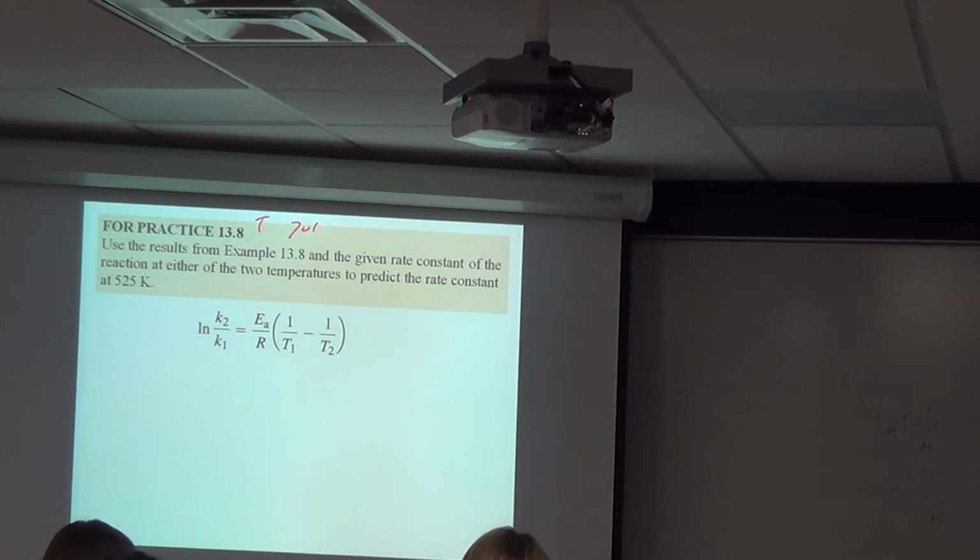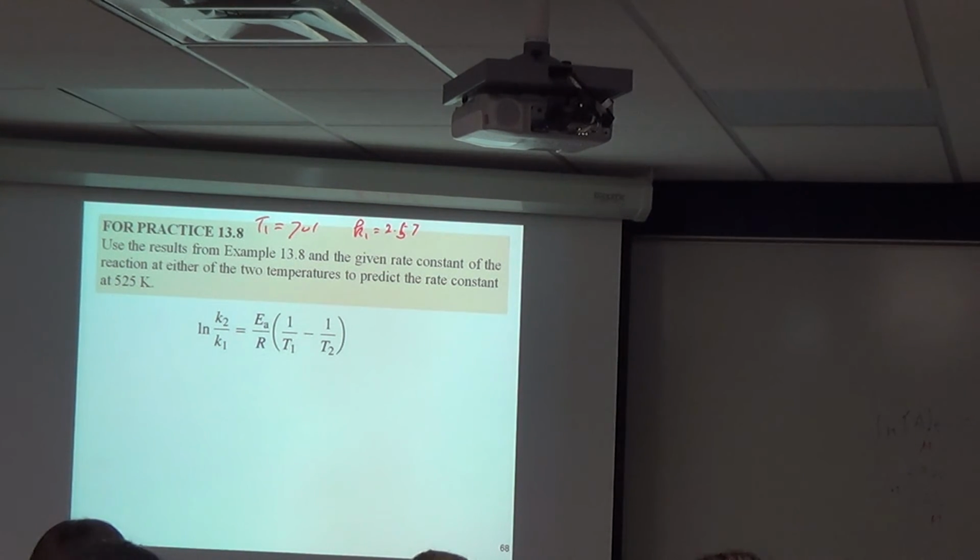So let's call this T1, 701. Then what is your K1? 4.5 something. You remember? What is the K1 if the temperature is 701? 2.57. Okay, so let me write 2.57.